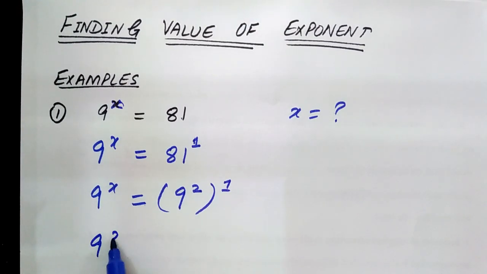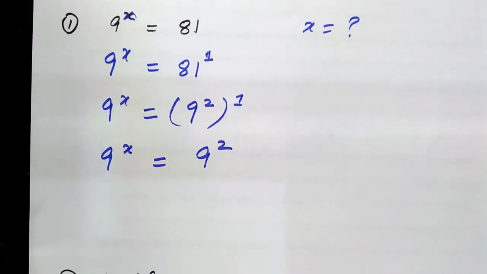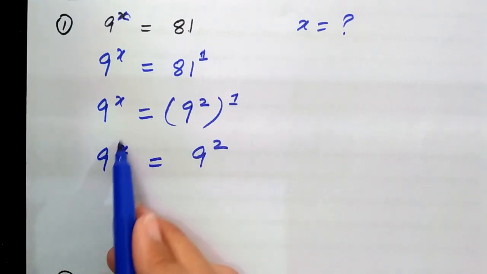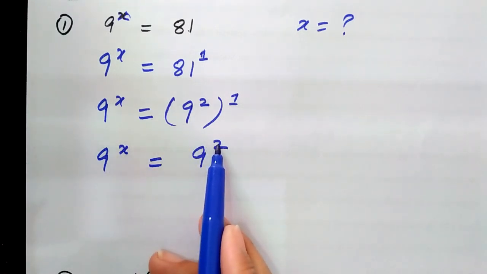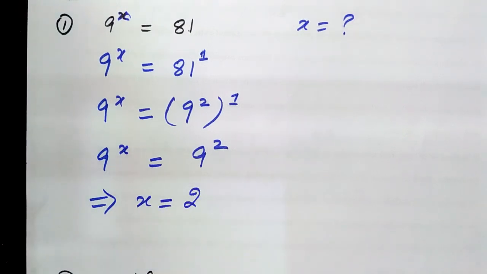So I will get 9 raised to power x equals 9 raised to power 2. Now comparing both sides, base with base and exponent with exponent, I will get x equals 2.